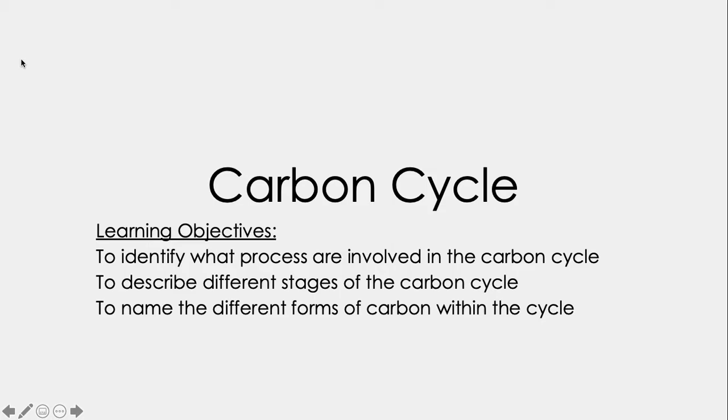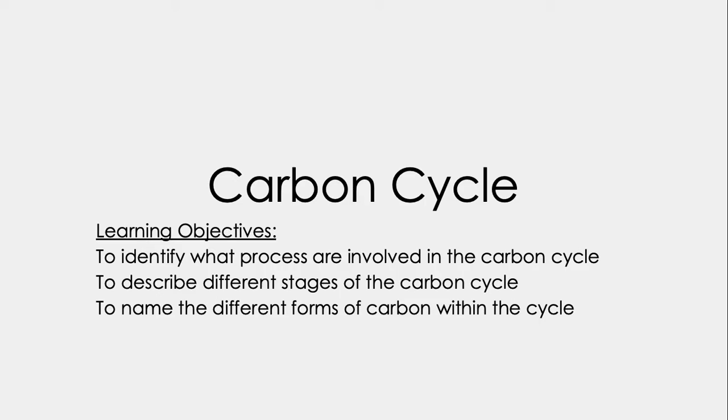So by the end of today's lesson, you need to be able to identify what processes are involved in the carbon cycle, describe the different stages of the carbon cycle, and also name different forms of carbon. So you have all learned about carbon from at least year 7, probably at primary school.